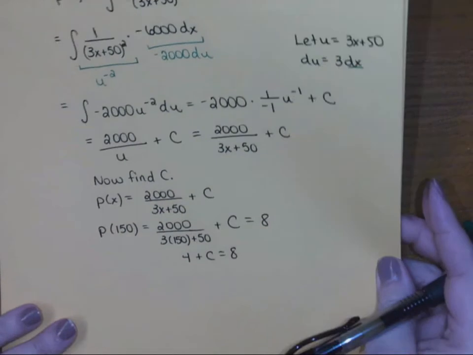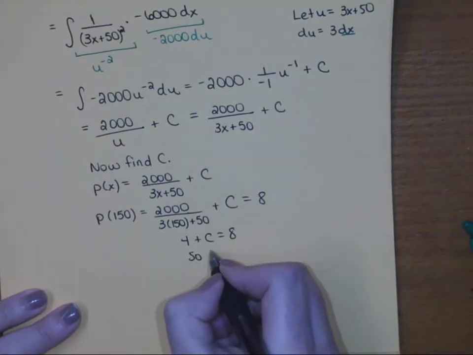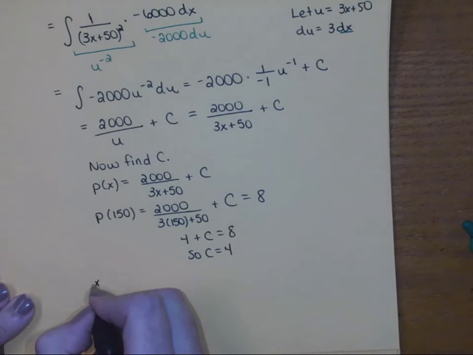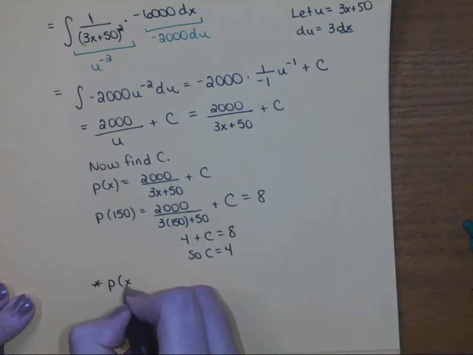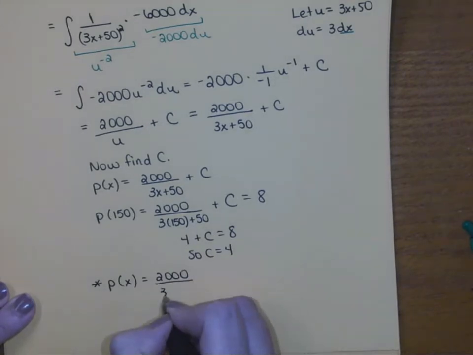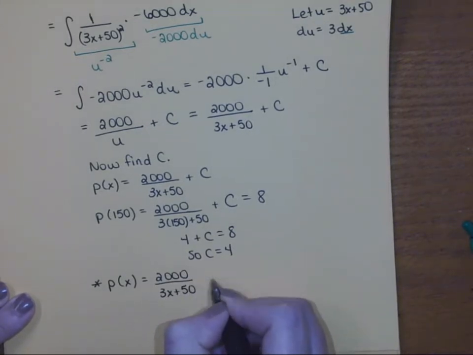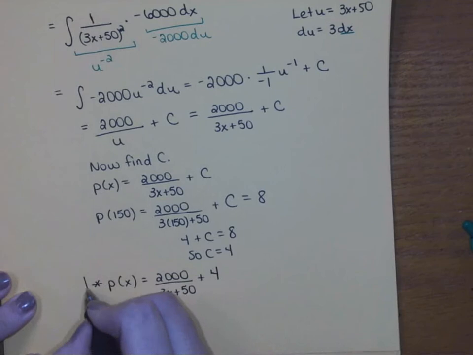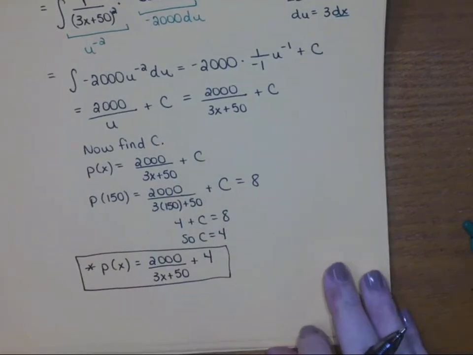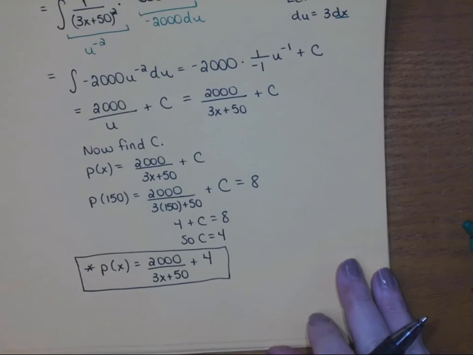And notice if you subtract 4 from both sides that c is 4, because 4 plus 4 is 8. So here's my final answer for p of x then. It's 2,000 over the 3x plus 50, but now that I know c, I insert what c is. Okay, so that's part of what I asked you for.